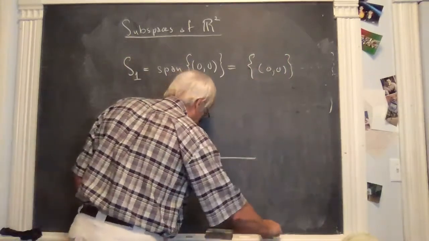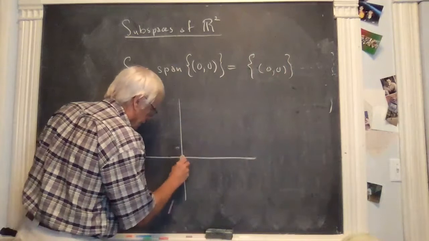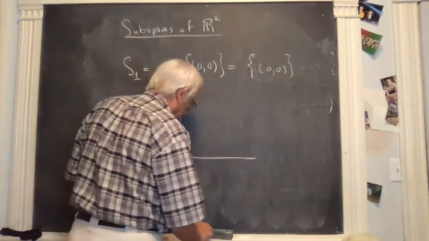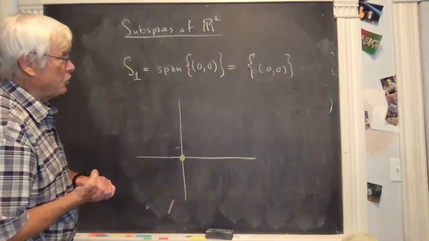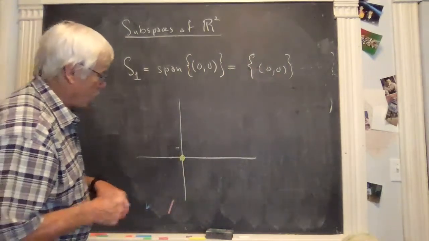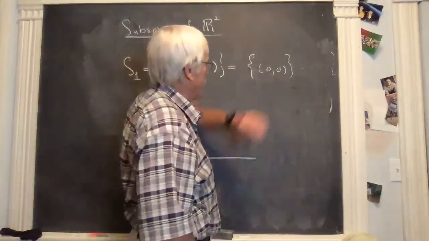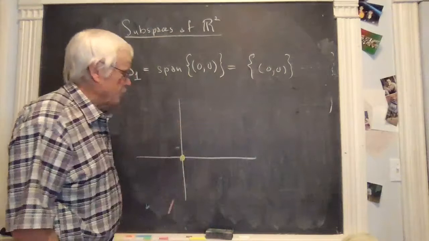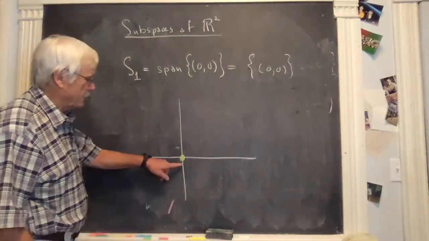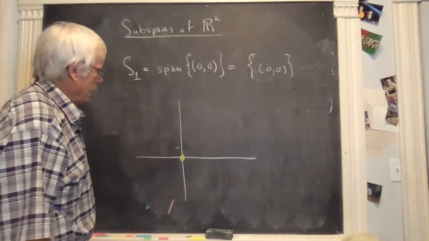Yeah, that single point, 0, is a subspace. And this actually would be 0-dimensional. 0 is considered linearly dependent even by itself. So there are no linearly independent vectors that span this. So this is 0D, kind of the easy one.